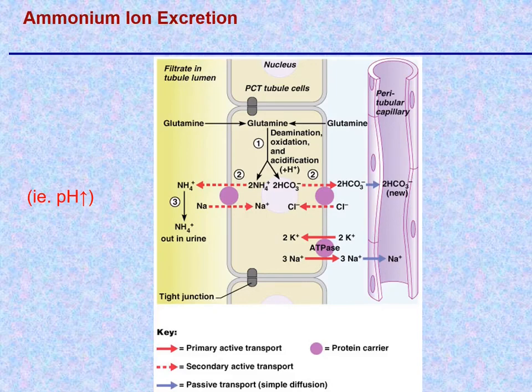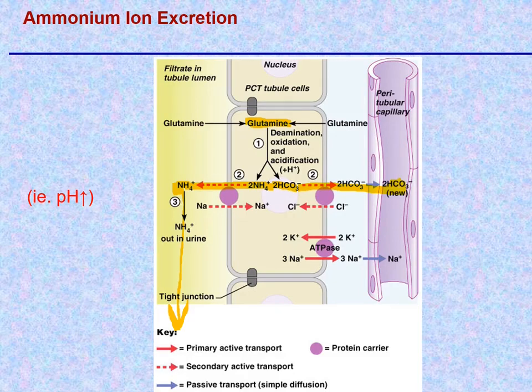And here you see that coming from glutamine, going to bicarb that gets taken into the body. So a new bicarb is taken in, two actually per glutamine, and the NH4 is moved out into the tubular space and will go out into the urine. The ammonium ion will move out and go into the urine and be excreted.